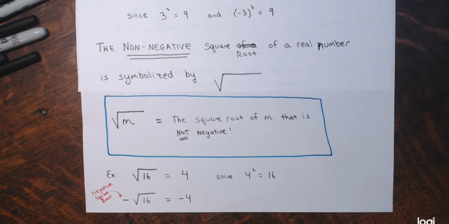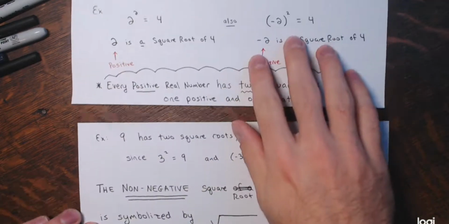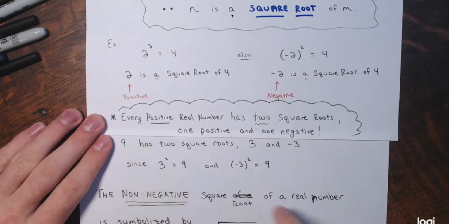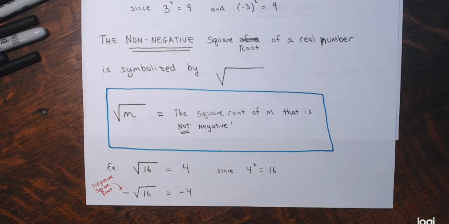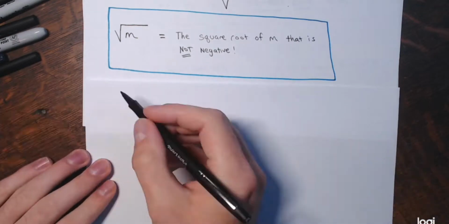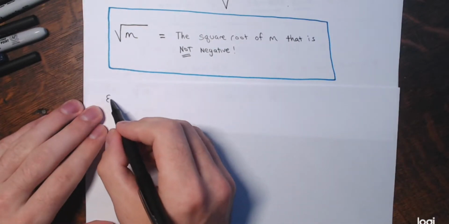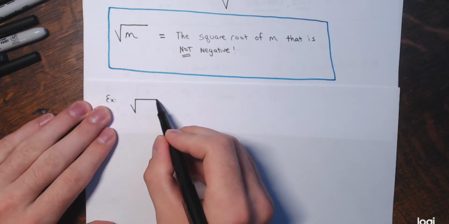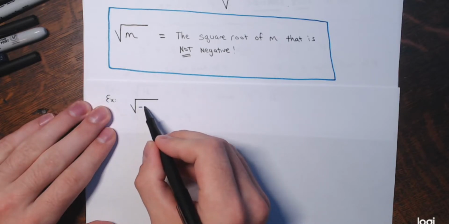Great. And now I want to talk about, what if I have a positive number inside the square root? The square root of a positive number is fine. But what about negative numbers? What if I asked you, what's the square root of negative 25?